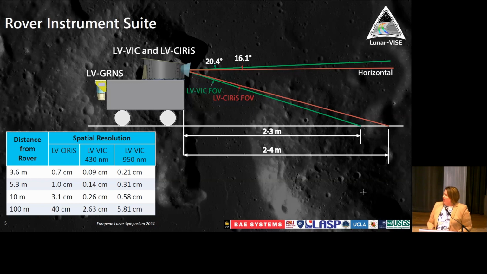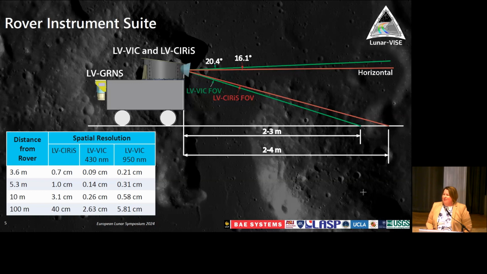We also have a gamma ray and neutron spectrometer, located on the other side of the rover. We'll be using the GRNS to take measurements as we rove, but also do dedicated integrations at every rover waypoint. You'll notice that we have a very simplistic design here for our rover, and that's because we're still waiting for our CLPS provider to be selected.